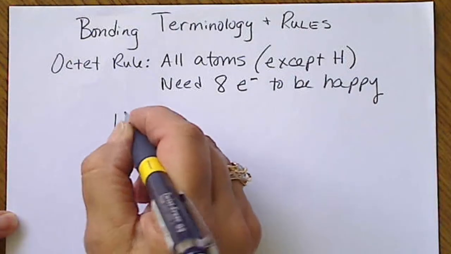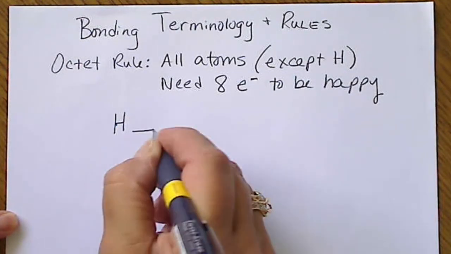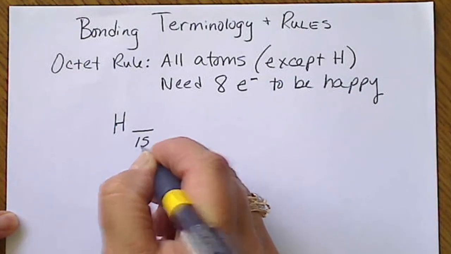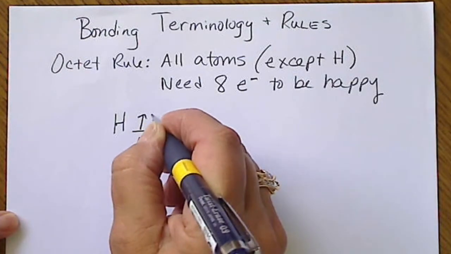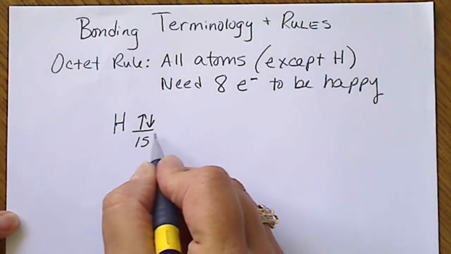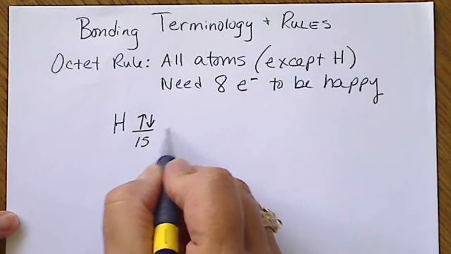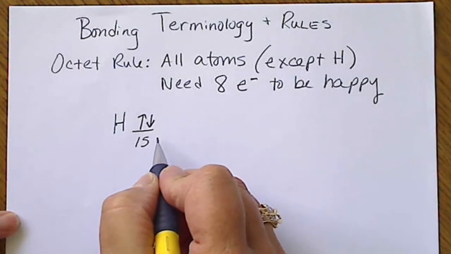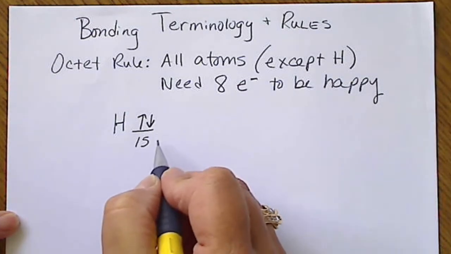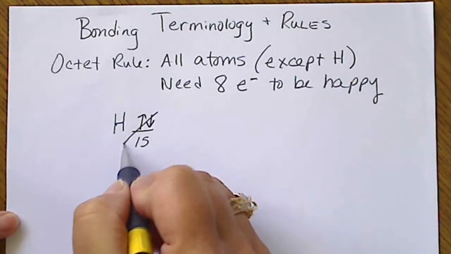Hydrogen, because hydrogen is on the first floor of the periodic table, can only have a maximum of 2 electrons because it only has the one s orbital available to it. So don't worry about that.